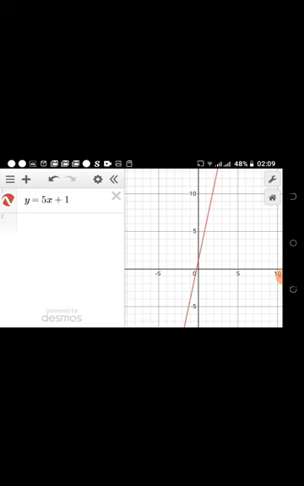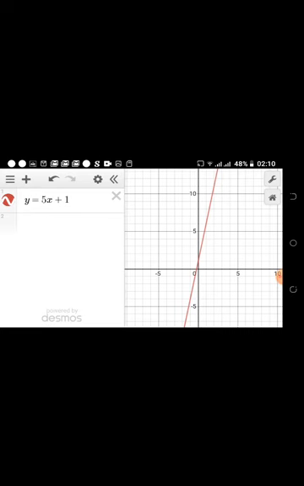If nothing is there, that means 1 is the coefficient. In this case, it is 5 that is there. So you have 5x. That 5 that is with x is the gradient or the slope of this straight line equation. And then that 1 that you are seeing there is the point where that line cuts the y-axis.